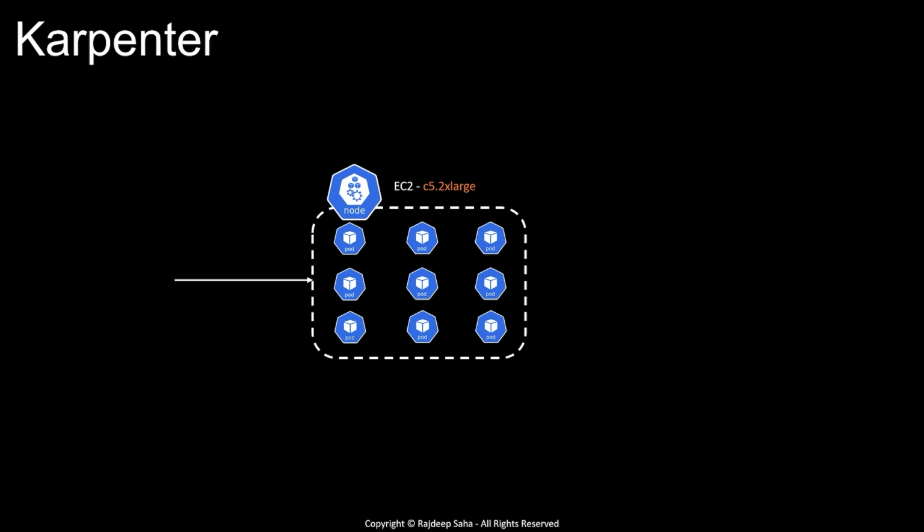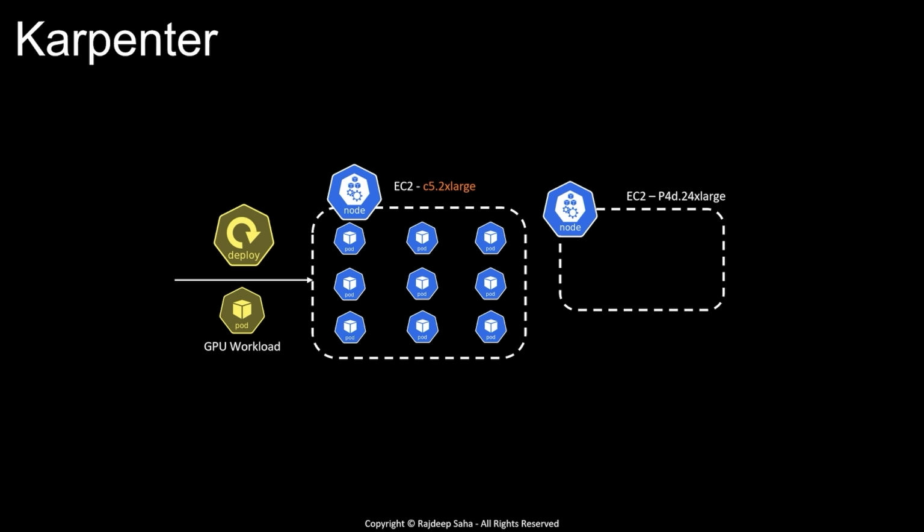So with Karpenter, let's say you have all your pods running on a c5.2xlarge, and then an application team deploys a GPU workload. Not a problem. Karpenter will intelligently spin up an appropriate GPU instance such as P4d and deploy this GPU workload on that instance.